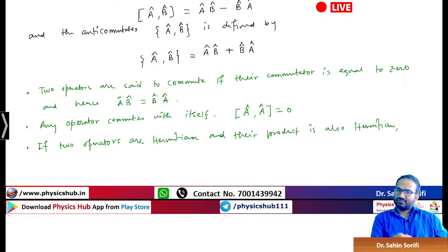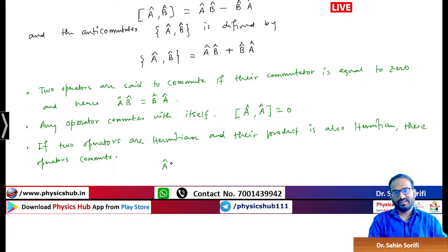So if you have a set of operators which are themselves Hermitian and the product is also Hermitian, then these operators will commute.